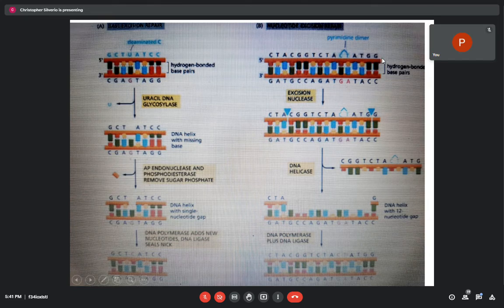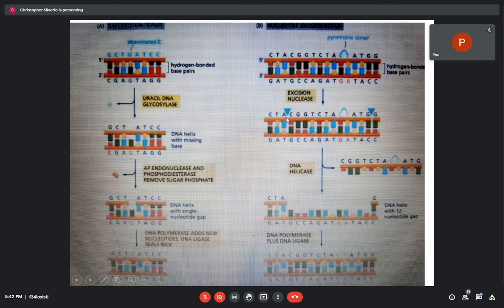The first thing that will happen is that the DNA should be excised. And this is by the action of what is known as excision nuclease. Okay, this is an enzyme that cuts the DNA. So where is the excision? The excision takes place here in this portion of the DNA, and here in this portion of the DNA.